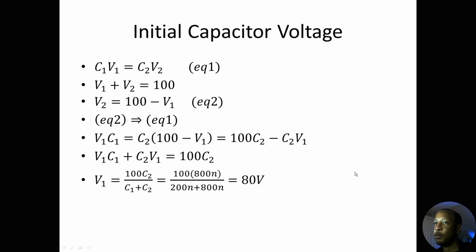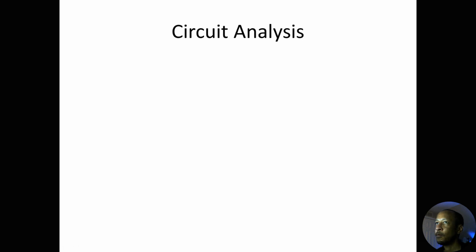Next we have V1 equals 100 C2 divided by (C1 plus C2) equals 100 times 800 nano divided by (200 nano plus 800 nano), and that gives us 80 volts. Next we have V2 equals 100 minus V1 equals 100 minus 80, which equals 20 volts.